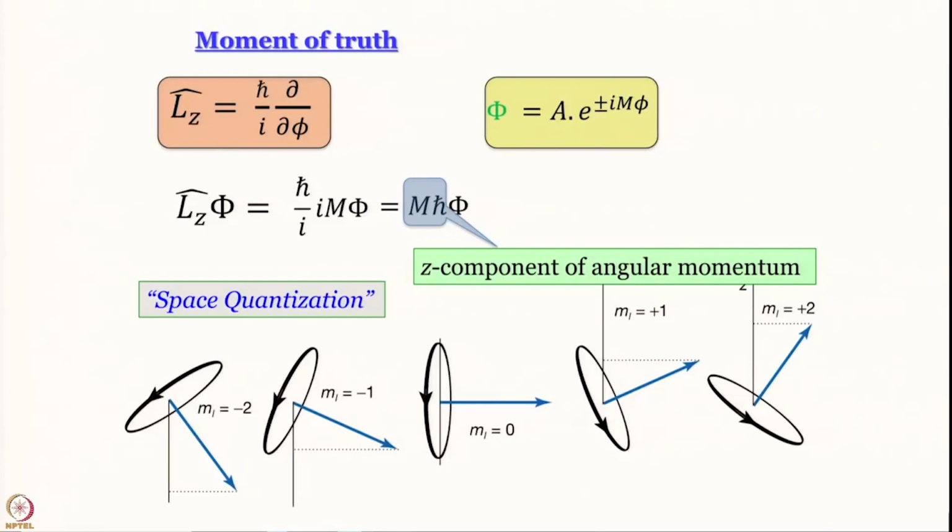So, what we see here is that by using quantum mechanics, for a rigid rotor the angular momentum can only point in certain specific directions, and that means that the plane of rotation can only take up certain specific directions. Space quantization.